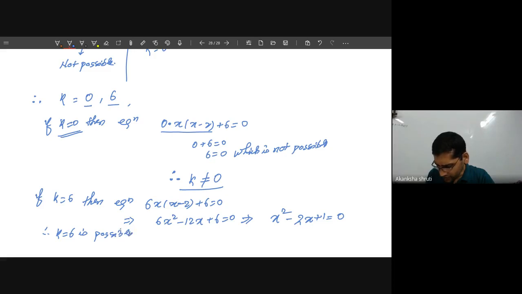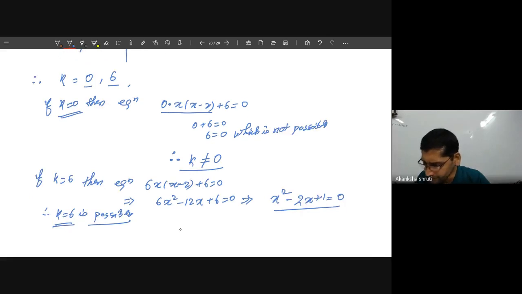And you can also verify that while taking k equals 6, this quadratic equation has equal roots. What is that? You can also verify. This is nothing but x minus 1 whole square equals 0. It means x equals 1 and 1. These are the two roots.